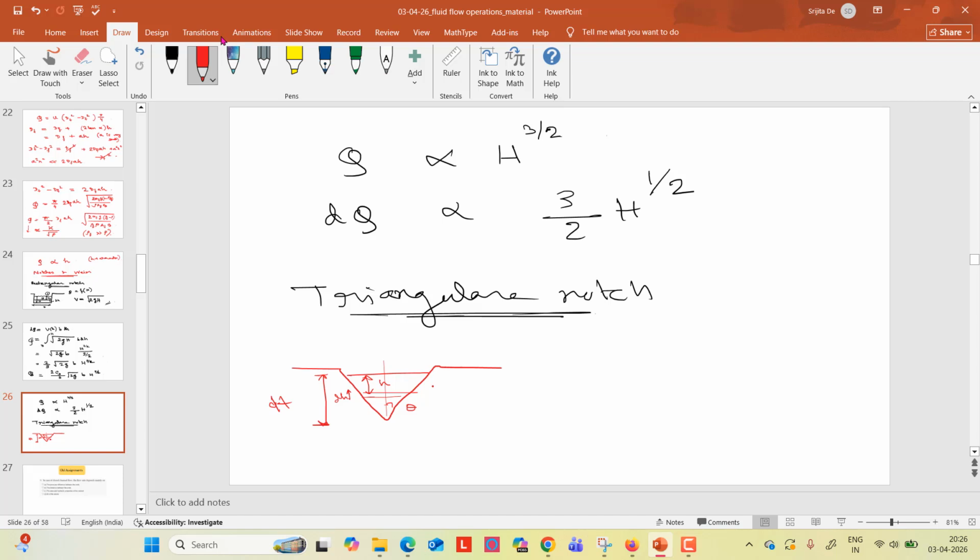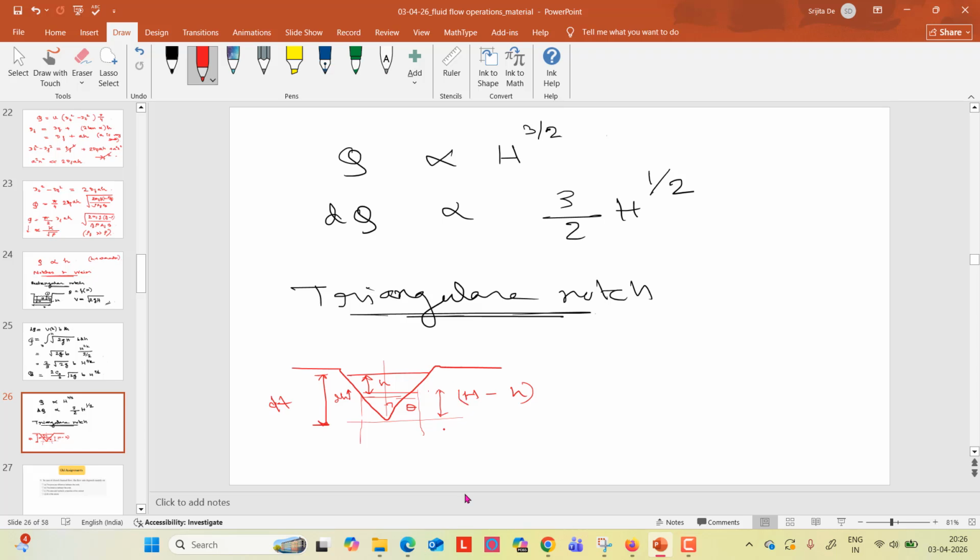Okay. So the distance from this portion to this portion is H minus small h, right?